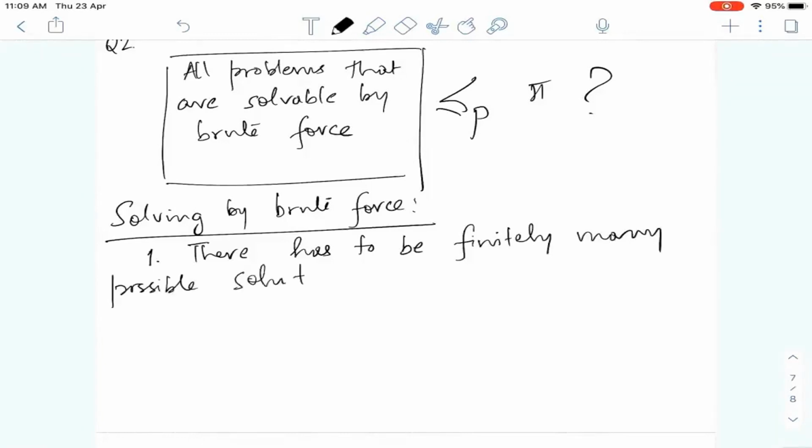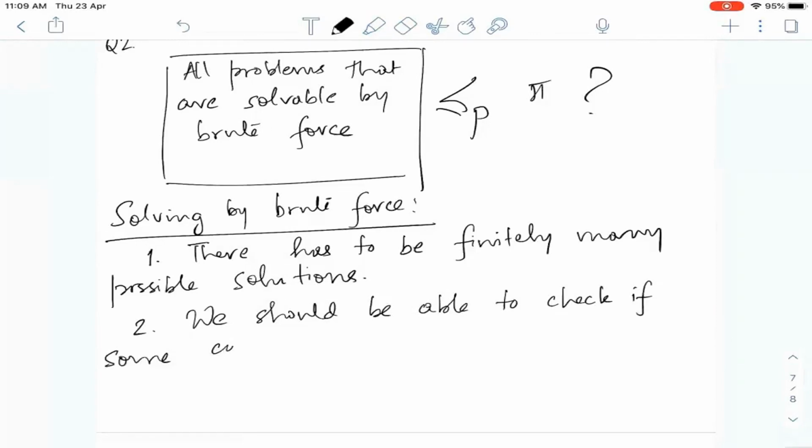And the second thing is, we should be able to check if some candidate solution is correct or not.